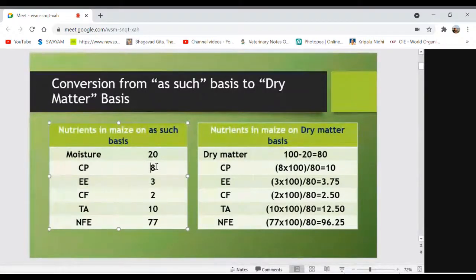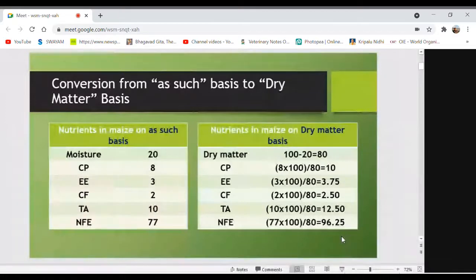Okay, this way, from diameter basis you can very easily convert into SS basis, and from SS basis you can very easily convert into diameter basis. But that concept should be clear to all of you. Okay, now that it is clear, I think all of you will be able to convert. Yes or no?